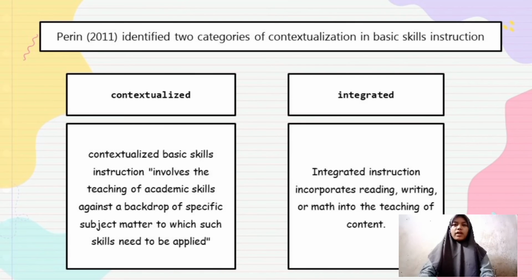Perrin identified two categories of contextualization in basic skill instruction. First is contextualized and integrated.